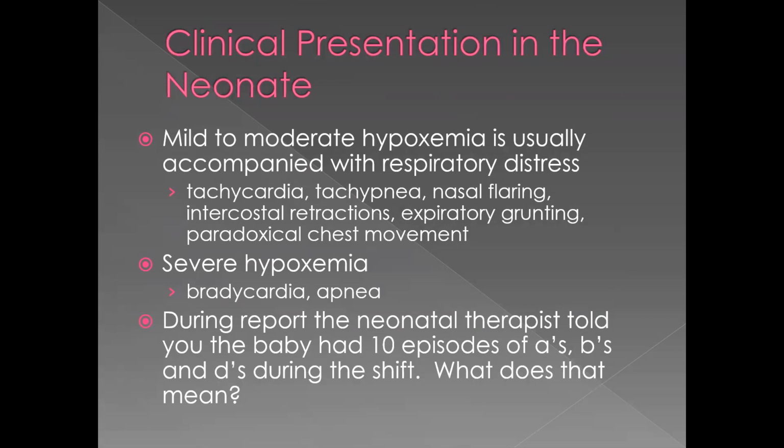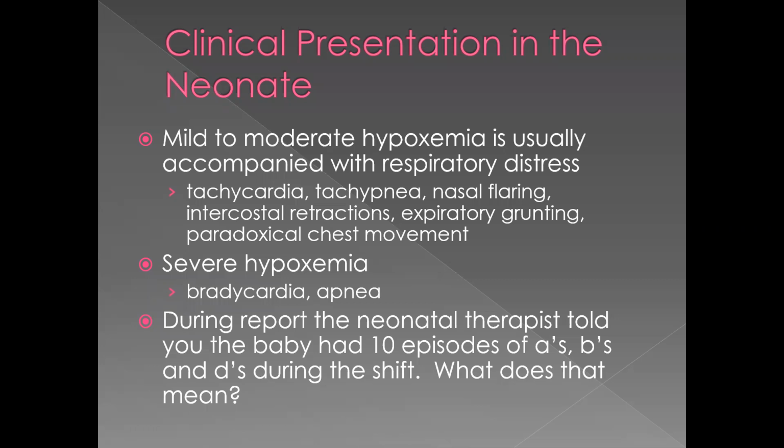Typically, hypoxemia goes along with some respiratory distress in neonates. And how do you know that they're in respiratory distress? It lists the things that you're going to see: tachycardia, tachypnea, nasal flaring, intercostal retractions, expiratory grunting, paradoxical chest movement.